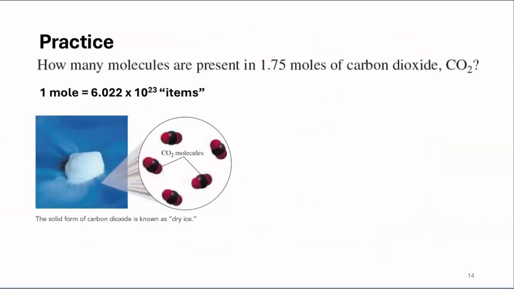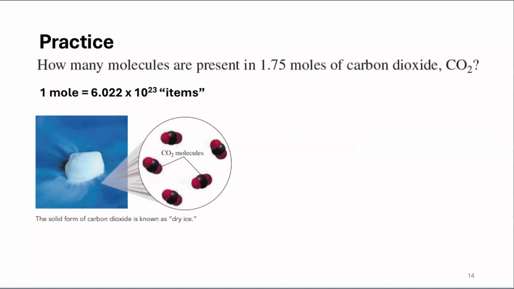Let's look at this practice problem. The practice problem reads, how many molecules are present in 1.75 moles of carbon dioxide? You can see on the left side of the slide, that is just the solid form of carbon dioxide, which we know as dry ice.